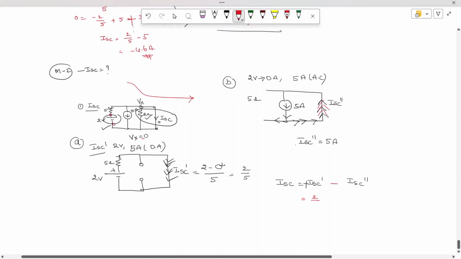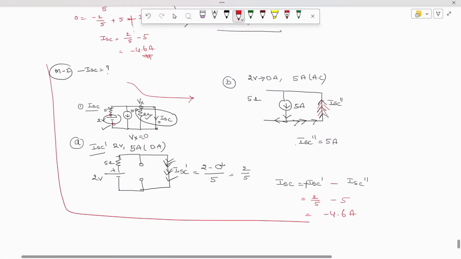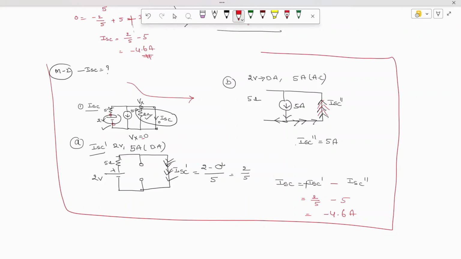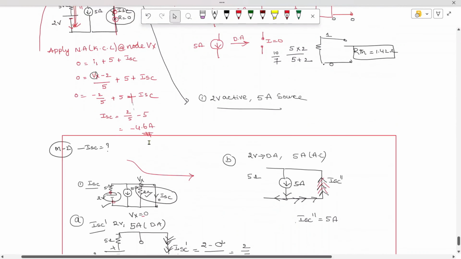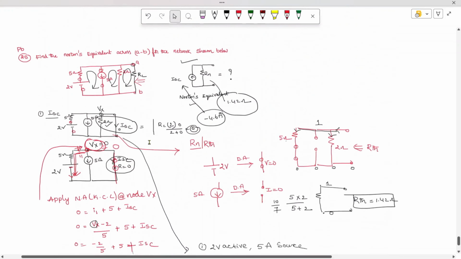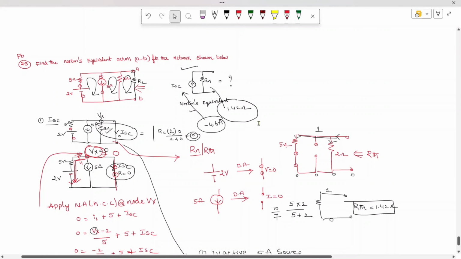ISC value is 2 by 5 minus 5, which is the same answer we have solved earlier. So here you are going to get minus 4.6 amperes. If you want to solve the same problem by the superposition theorem, you can, because two sources are given, and the answer is also the same. Okay, so this is the way of solving by method 2 and this is the way of solving by method 1. By any method the answer remains the same.